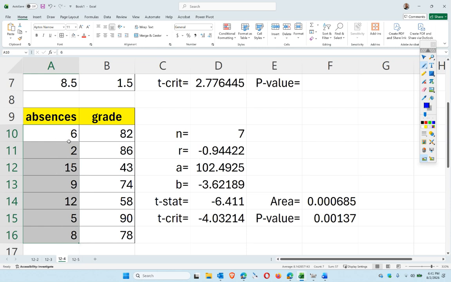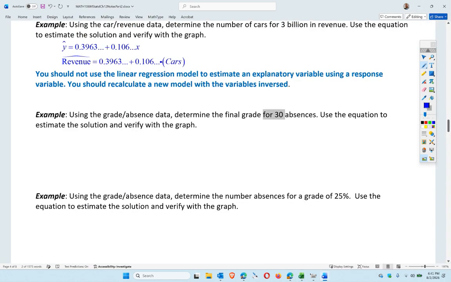If I did like 10, that's interpolation. That's within the data set. 11, anything in there. 5, 6, 7, 8, 9, 10. But 30 is way outside. So would 0 be. 0 and 30 don't make any sense. That's extrapolation. So you shouldn't be trying to do that, basically. So don't make that prediction.